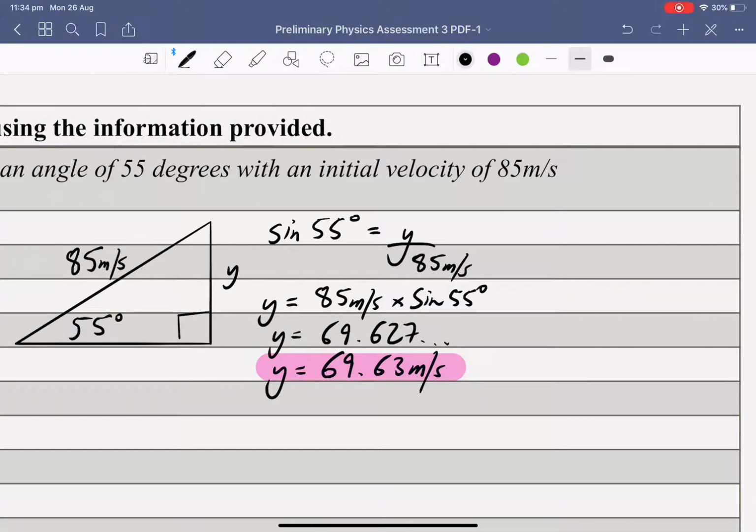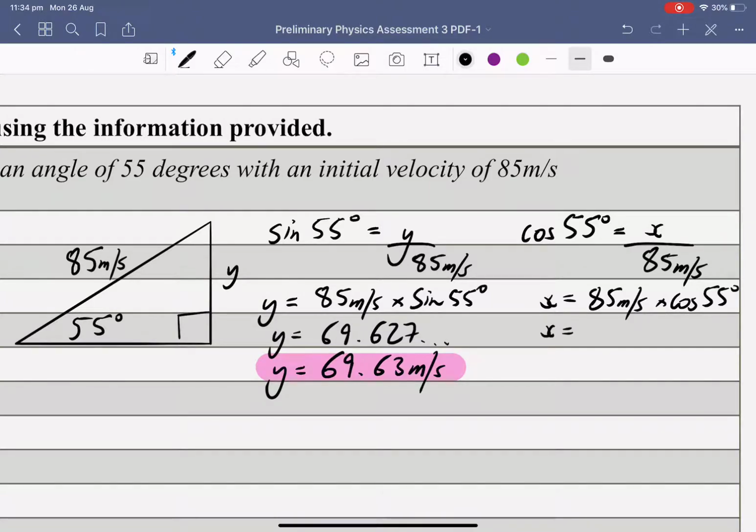but instead of using sine, we're going to use cos. So we're going to go cos of 55 equals x over 85 meters per second. Rearranging that becomes x equals 85 meters per second multiplied by cos of 55 degrees.